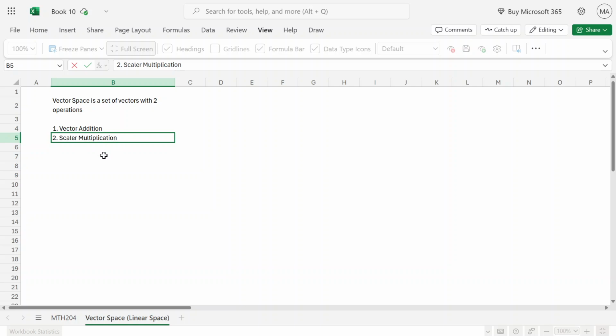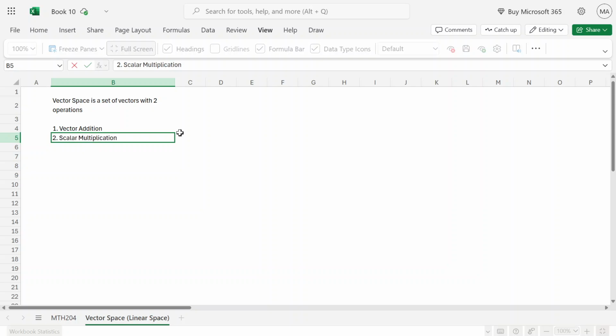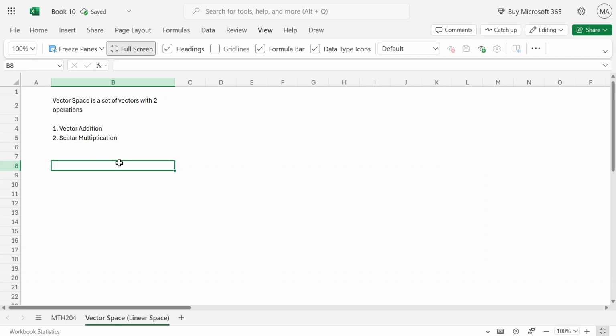So a vector space is a set of vectors with two operations. All the vectors in this set, we can perform these two operations on them. Vector addition, that is, we can add two or more vectors together, and then scalar multiplication, we can multiply the vectors by a scalar.